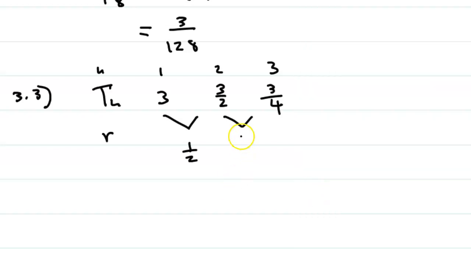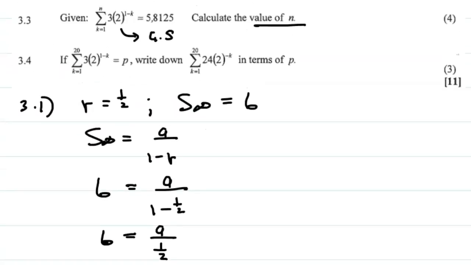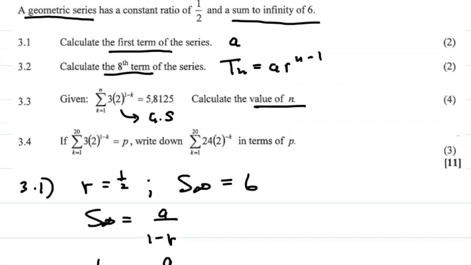There we go, half. So we can now confirm that this is a geometric series, because all the terms are going to be summed up. Remember, the sigma notation is the sum of all our terms. So now we can try to solve for n.